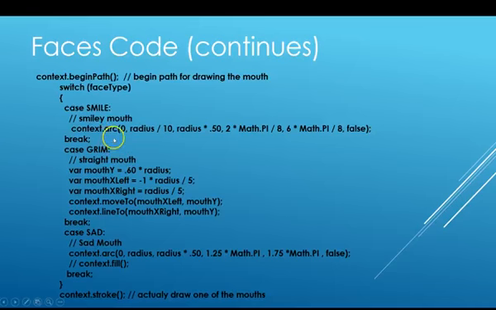So the smile mouth is really straightforward. Again, we're using the arc, but this time we're not drawing a complete circle. And this code took me a long time of trial and error to figure out. So we start at 1/8 of a circle. 2 times math pi is a complete circle divided by 8.